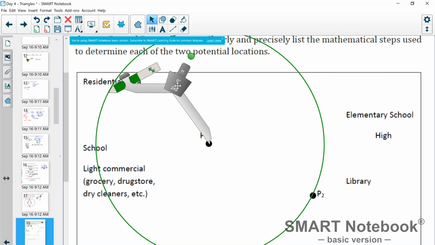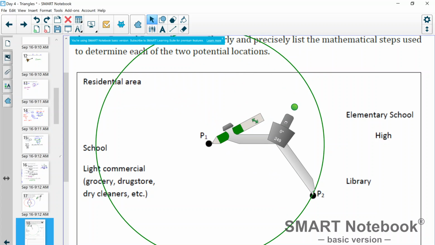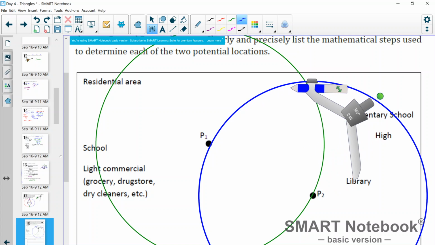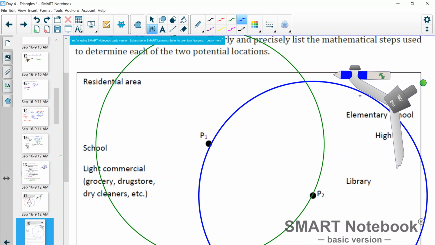We're going to swap it so that now our bullseye is on point 2 and pencil is on point 1. We're going to draw a circle around there. And we're going to look for the points of intersection of our 2 circles.